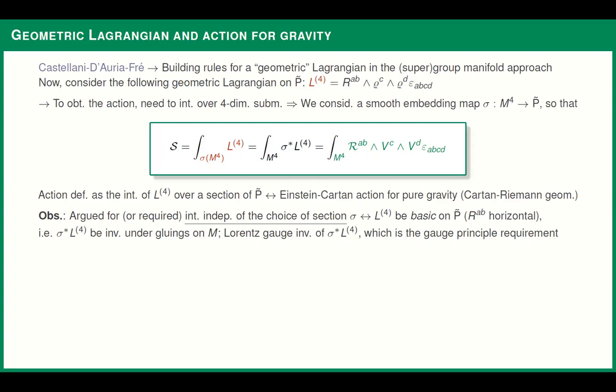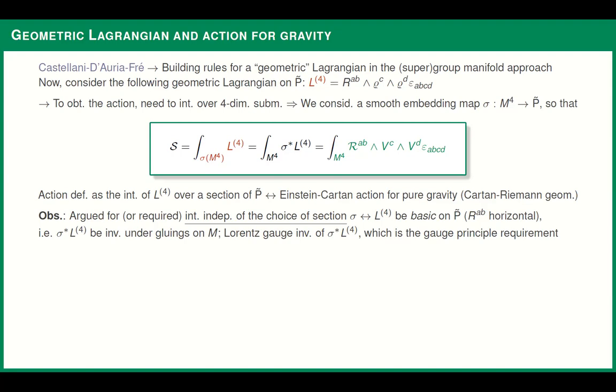It is typically argued, and actually required, that this integration is independent of the choice of section that we are integrating on. And indeed, this is encoded in the requirement for L4 to be basic on P tilde, which means that the curvatures have to be horizontal with respect to the vertical Lorentz directions.